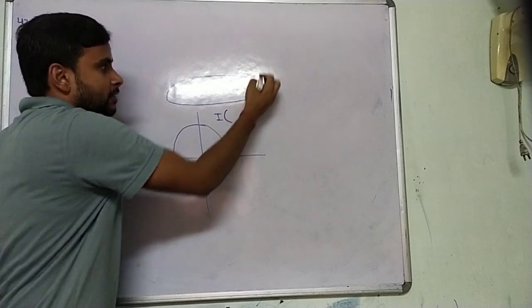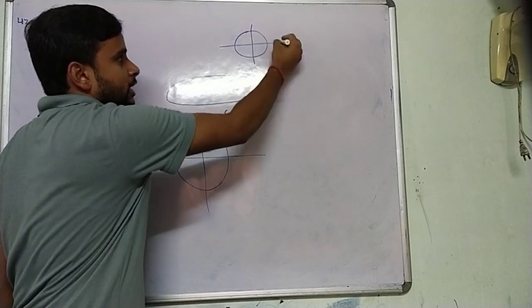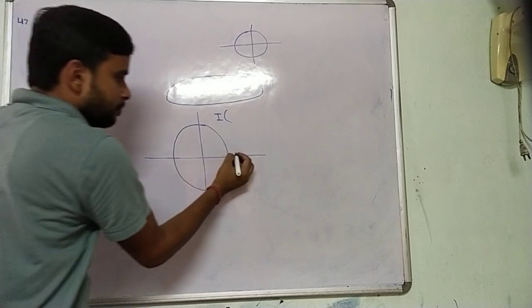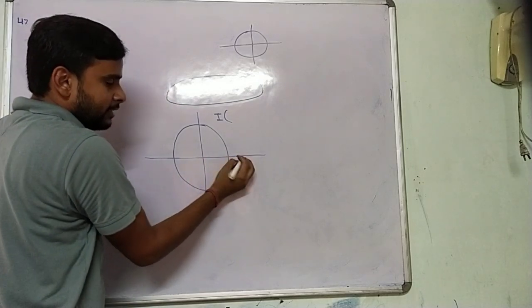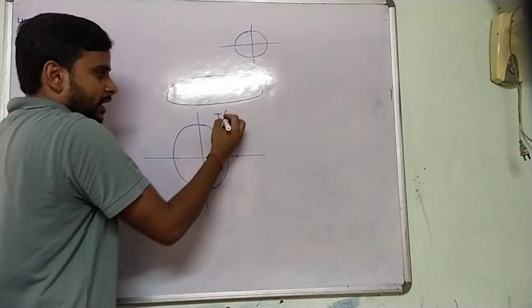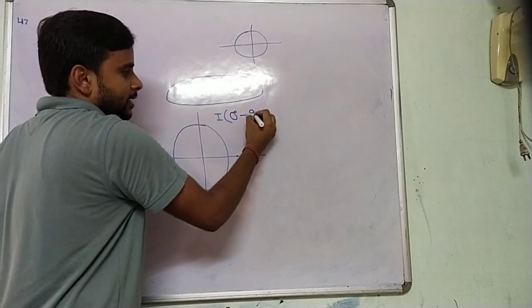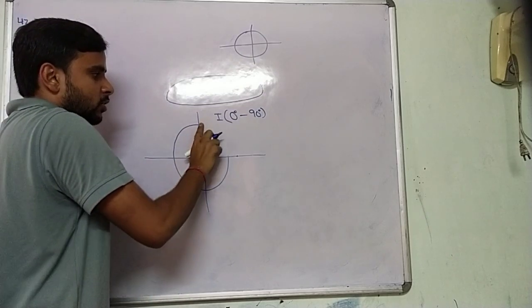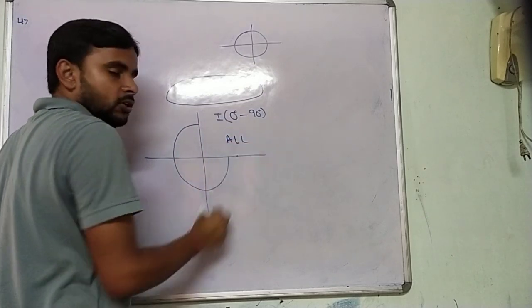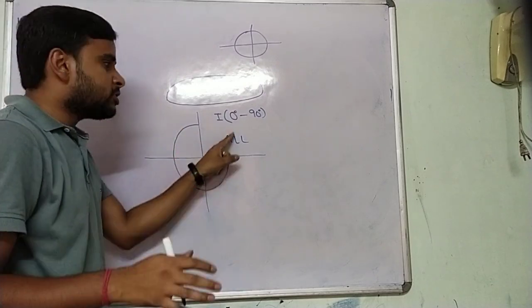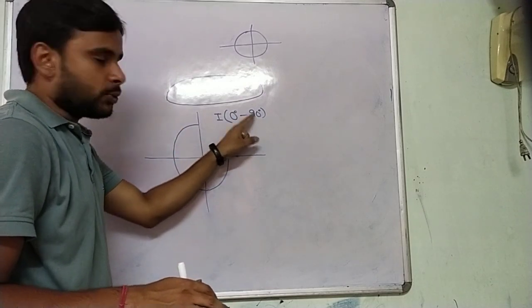I said that if I divide a circle into 4 equal parts, then if I start from this line and move anti-clockwise, this is the first quadrant and the range of first quadrant is 0 to 90. In this quadrant, all the functions are positive. All means there are total 6 functions in trigonometry. They are all positive if the angle is lying in this range.